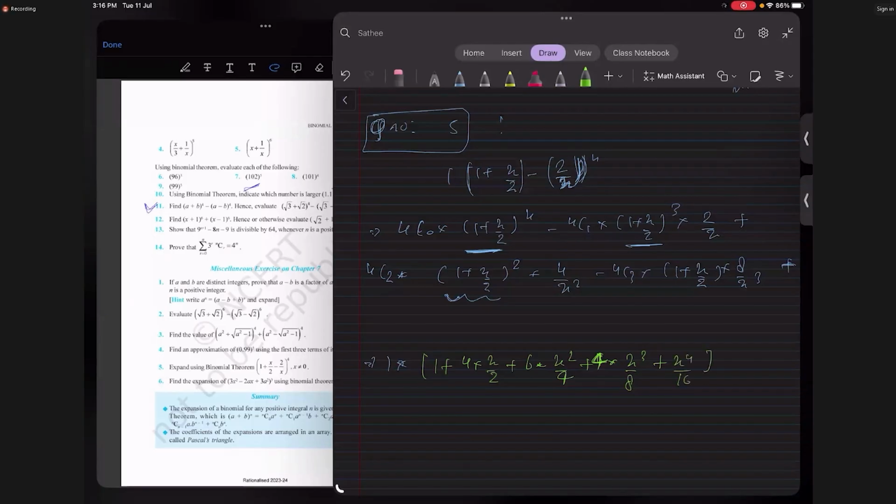Okay, this would be minus 4c1, which is 4, into, if you expand this term again, 1 plus 3 into x by 2 plus 3 into x square by 4 plus x cube by 8.